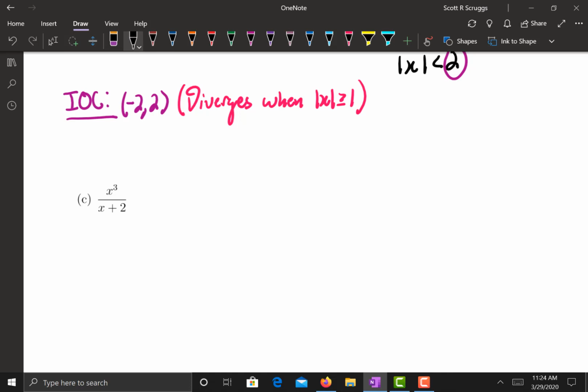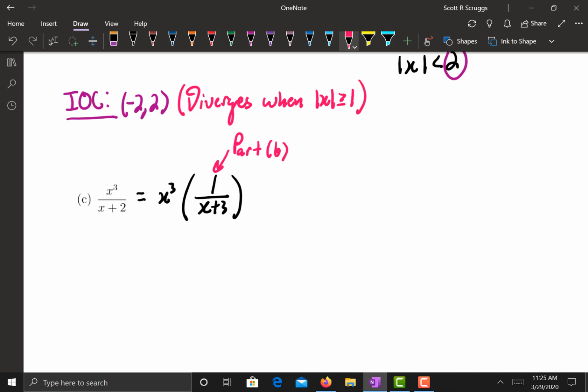All right, and with that, we can now get a combination of those 3 properties, and we'll do it in terms of here. So first thing I want to note, I'm going to separate the x cubed and the x plus 2 as such.